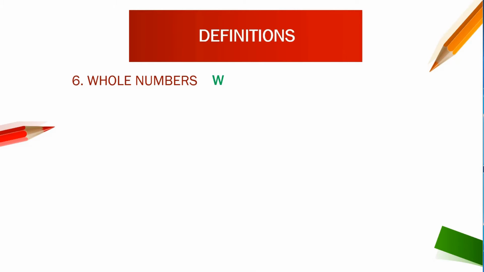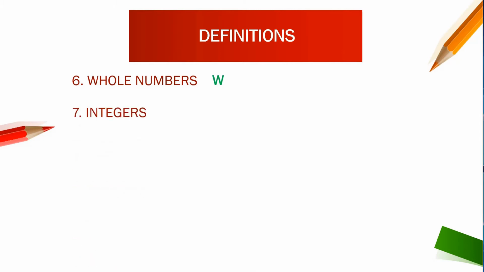Natural numbers, as I said before, are the basic counting numbers, which start at 1, 2, 3, 4, 5, and so on. Whole numbers, however, start with 0. Another difference is that natural numbers are represented by N, and whole numbers are represented by W. So again, let's not forget that natural numbers start from the number 1 and whole numbers start from the number 0.